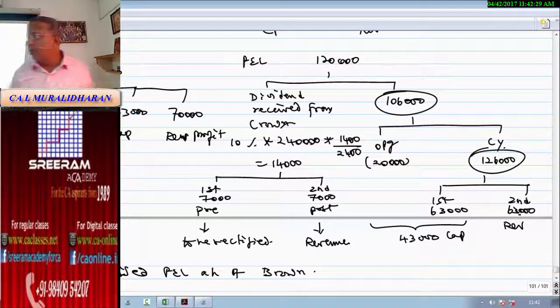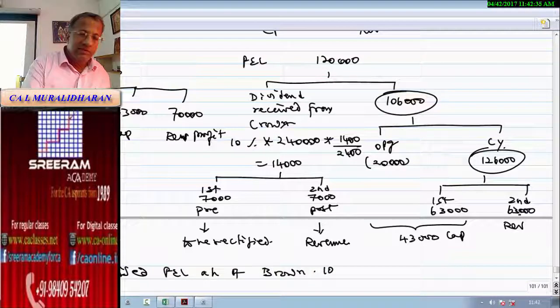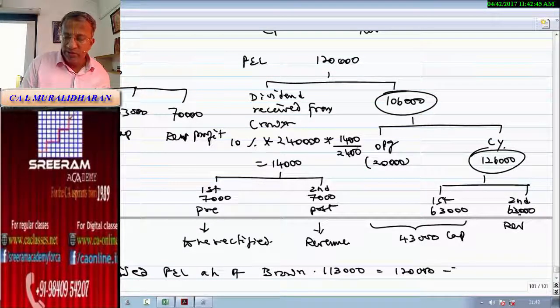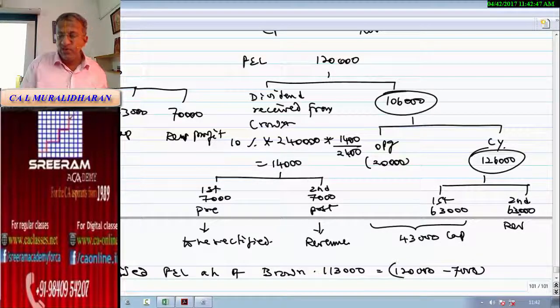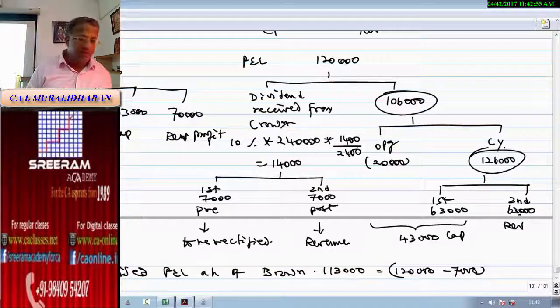Revised P&L account of Brown should be 1 lakh and 13,000. How come? 1,20,000 minus 7,000. Revised P&L account upon rectification. Are you clear?